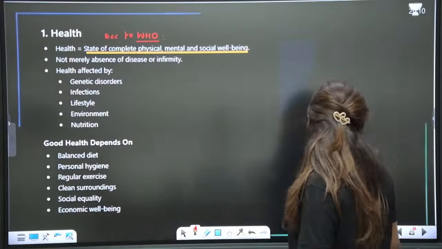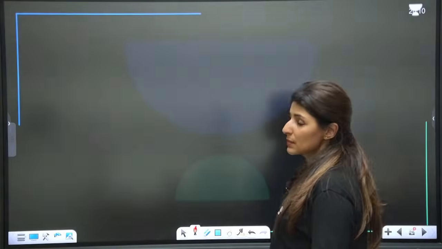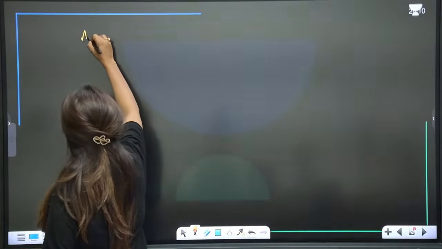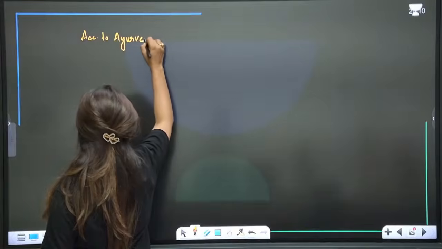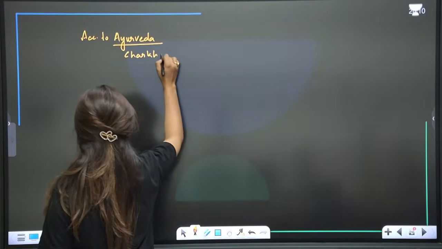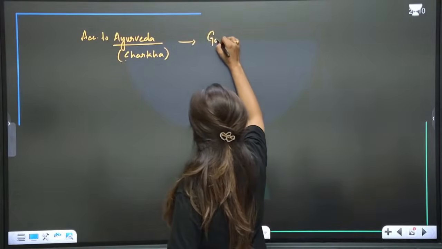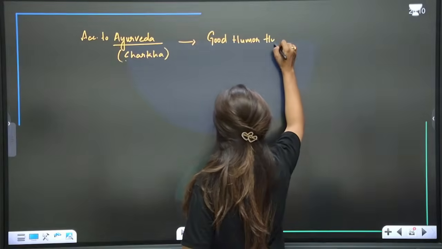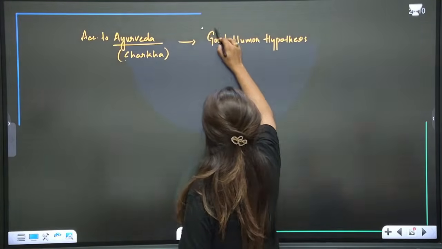But before WHO, we had some other definitions and concepts of health as well. For example, according to Ayurveda, or we can say Charak, the father of Ayurveda, there was a concept of good humor hypothesis. So what does this good humor hypothesis say?